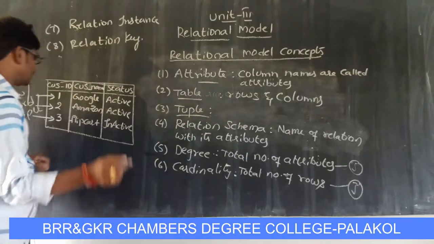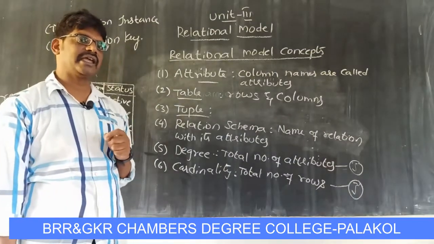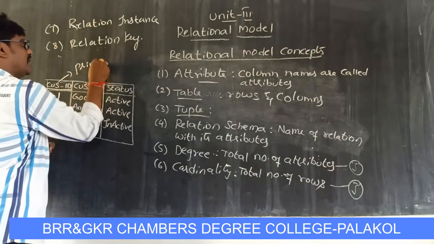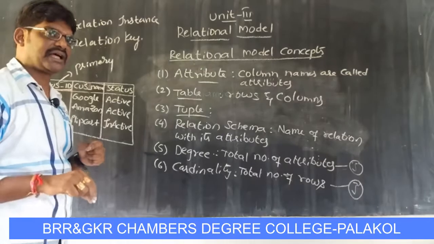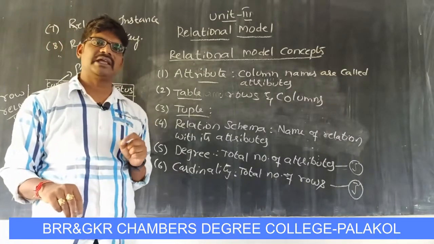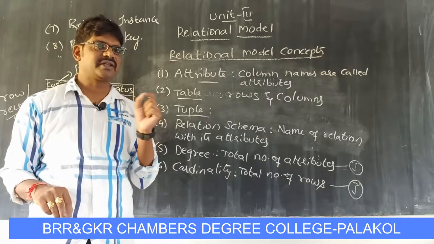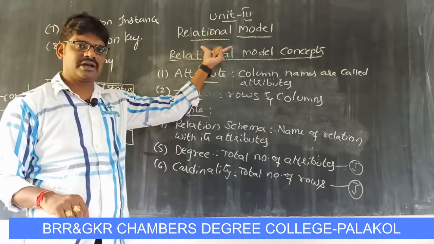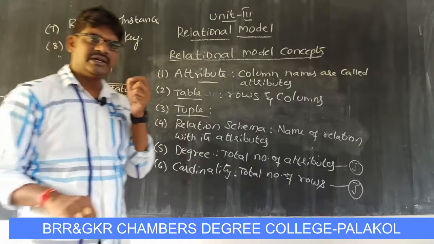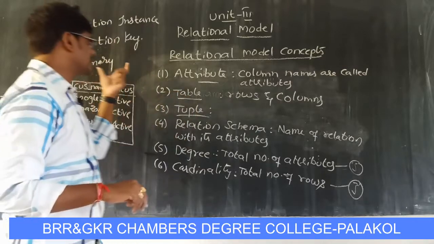Here in this table, customer ID is the key attribute, the primary key attribute. We have some keys in the relational model like primary key, candidate key, super key, and referential key. These are some of the keys presented in the relational model.